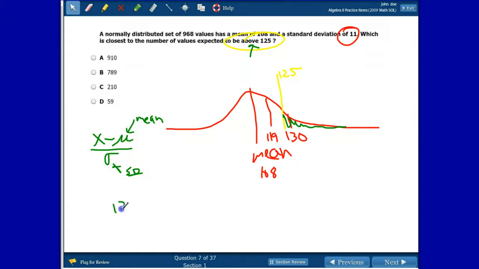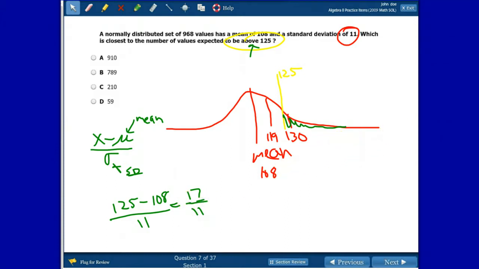So I'm doing 125 minus the mean, which is 108, all divided by 11. So it looks like I want 17 divided by 11. Alright, so I'm going to put that in my handy dandy calculator.